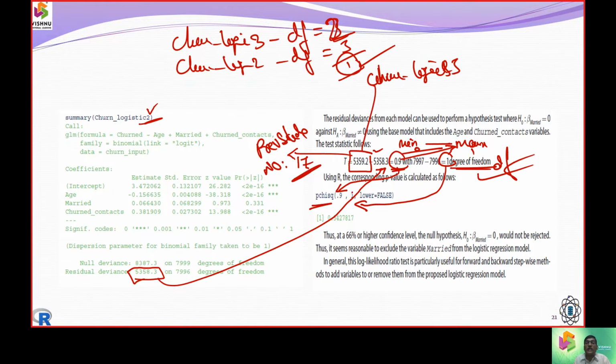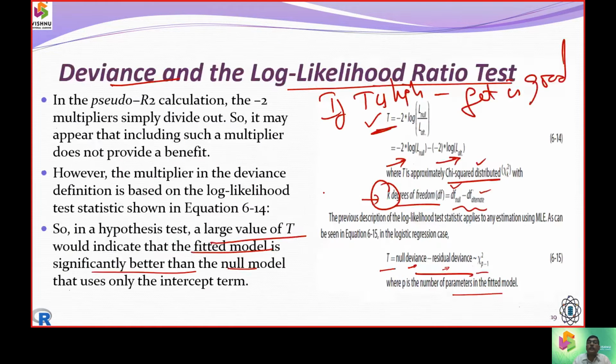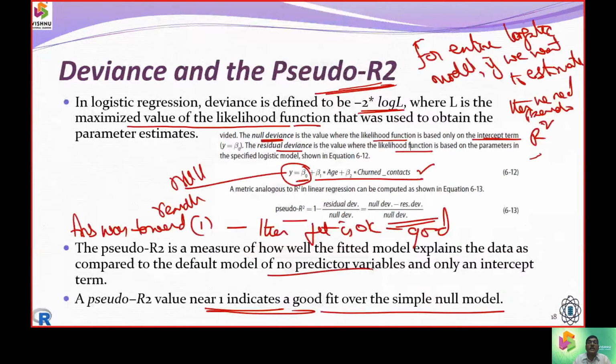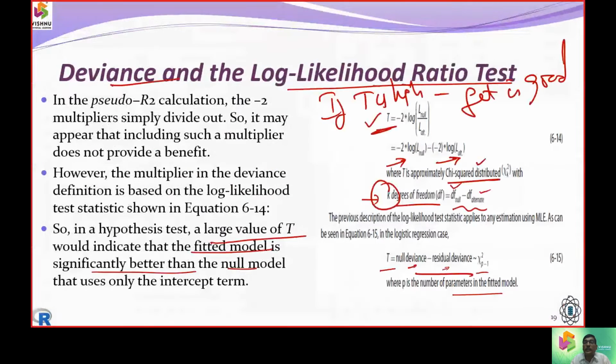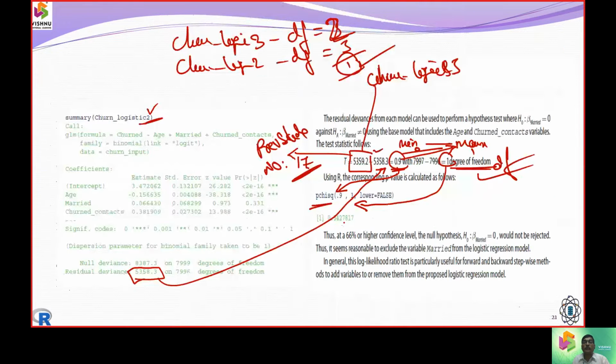So what is the chi-square method and what approximation do you get? The formula for the chi-square method we have already generated. We get the degree of freedom from null to alternate. We got this difference, and thereby we estimate it as 2 times log null minus 2 times log alternate hypothesis. So we got the chi-square method with the t value, that is null deviance minus residual deviance.